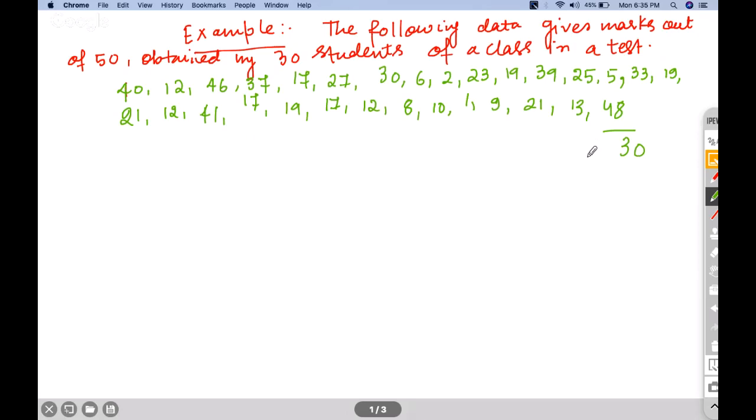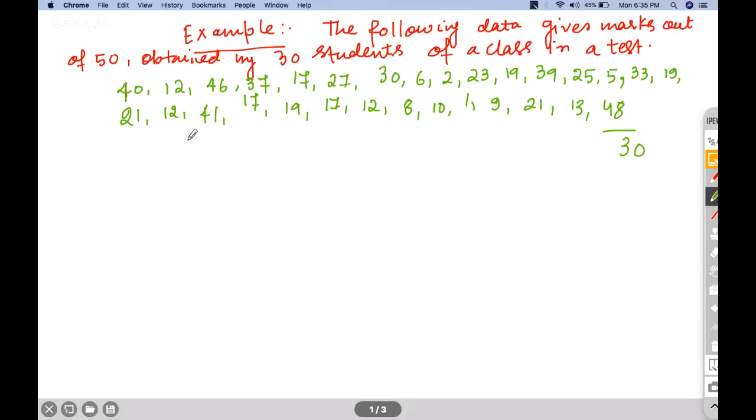Now guys, look at here in this question. When I go to make a frequency table, I cannot make a frequency table for each number. That 40 is coming once, so I draw a tally mark 1 and I write once.